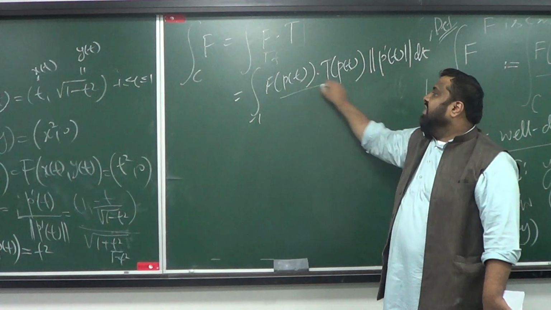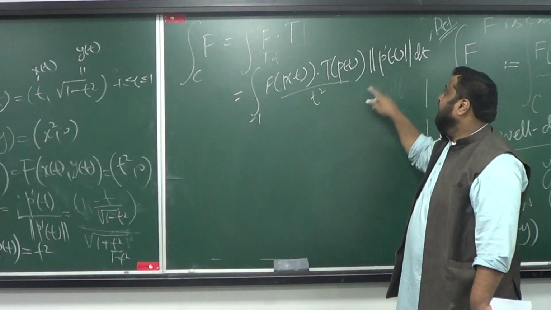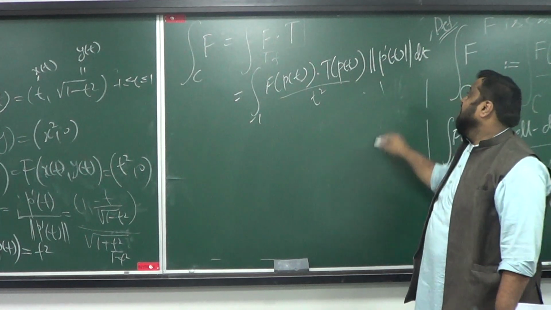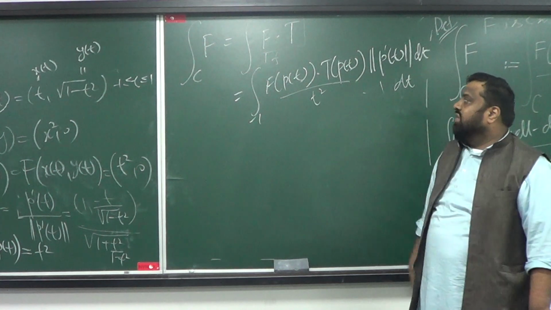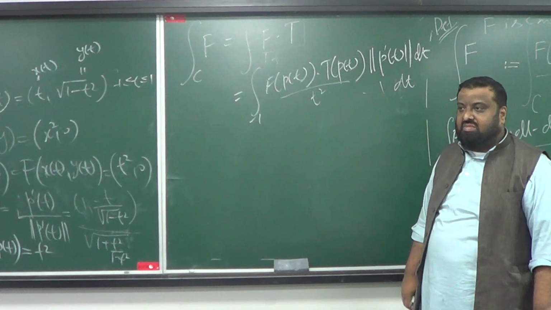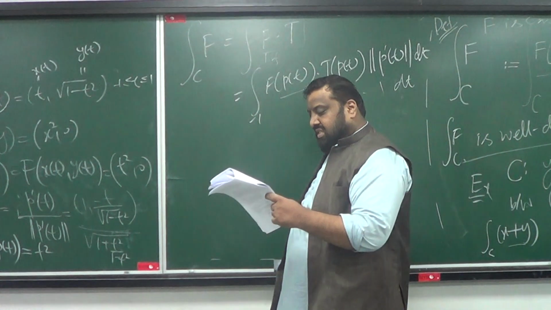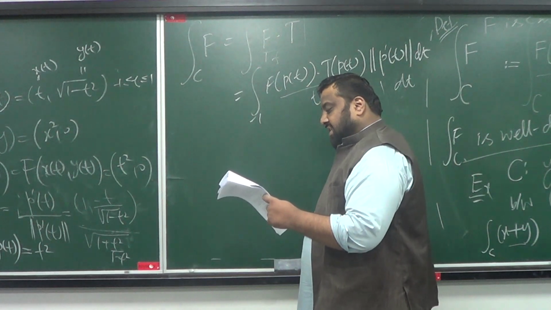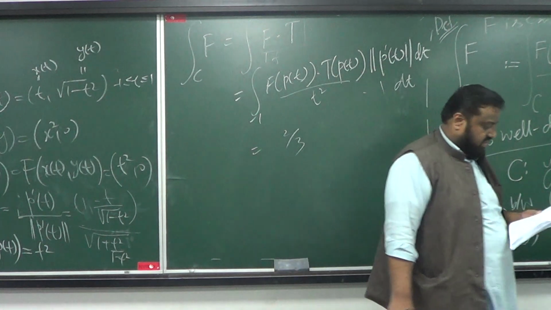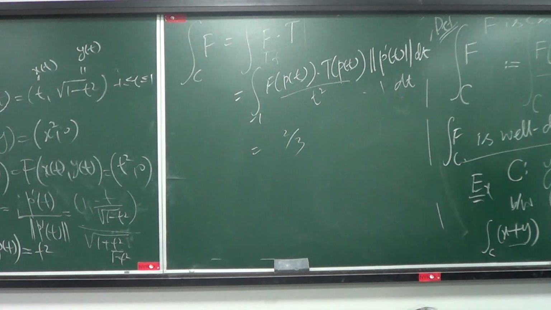You know this value is t square, you know this guy is 1, and you are integrating t square over -1 to 1. You know how to integrate. This will turn out to be 2 over 3.